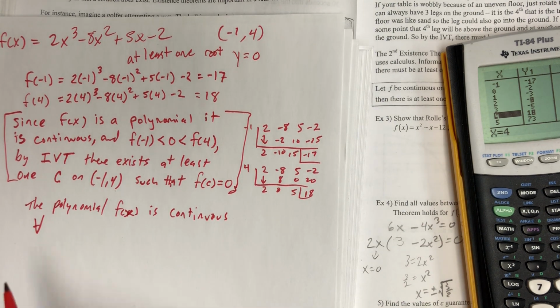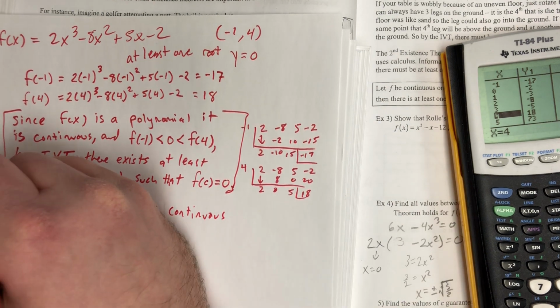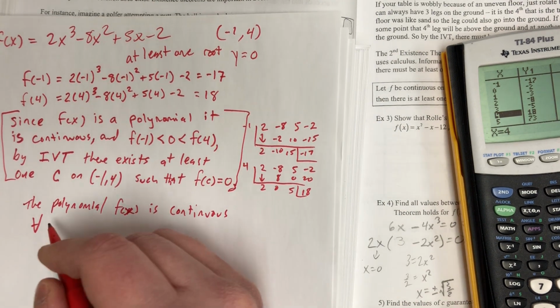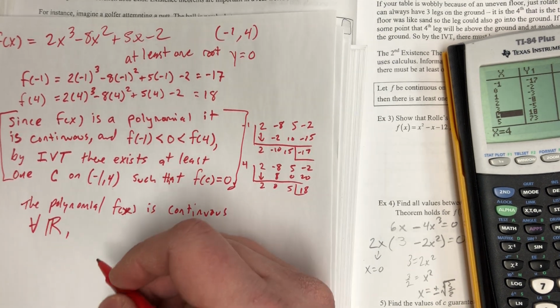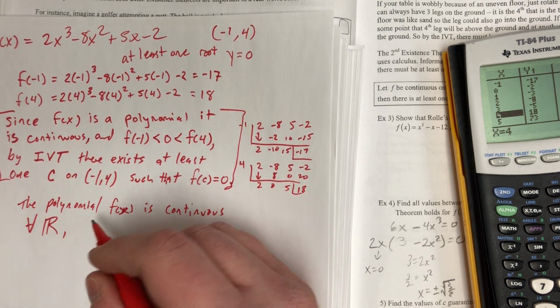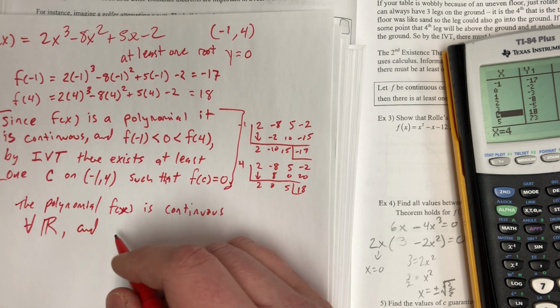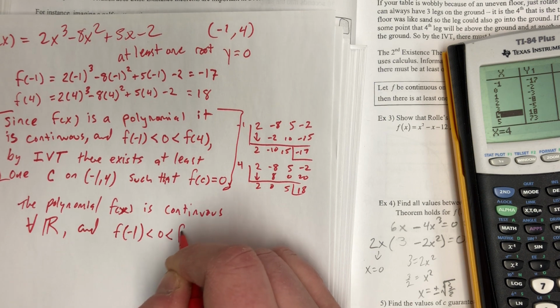Oh, by the way, the upside down A means for all. And f of negative 1 is less than 0, which is less than f of 4.